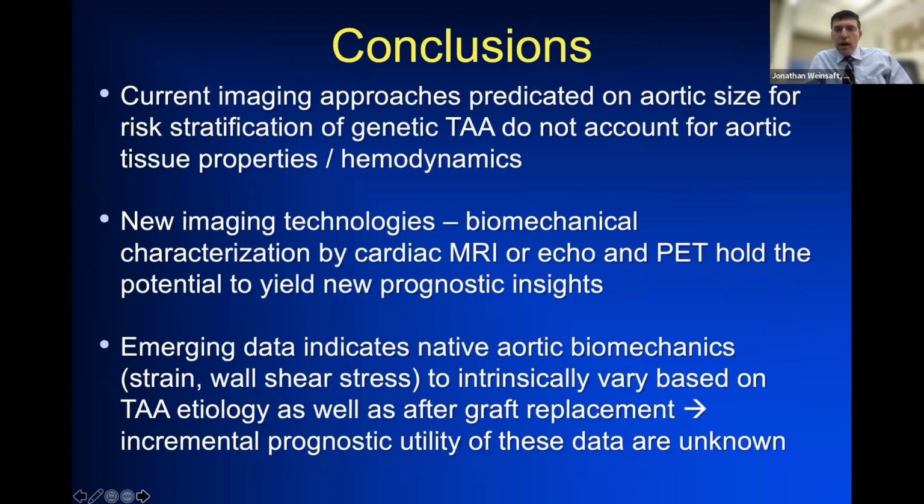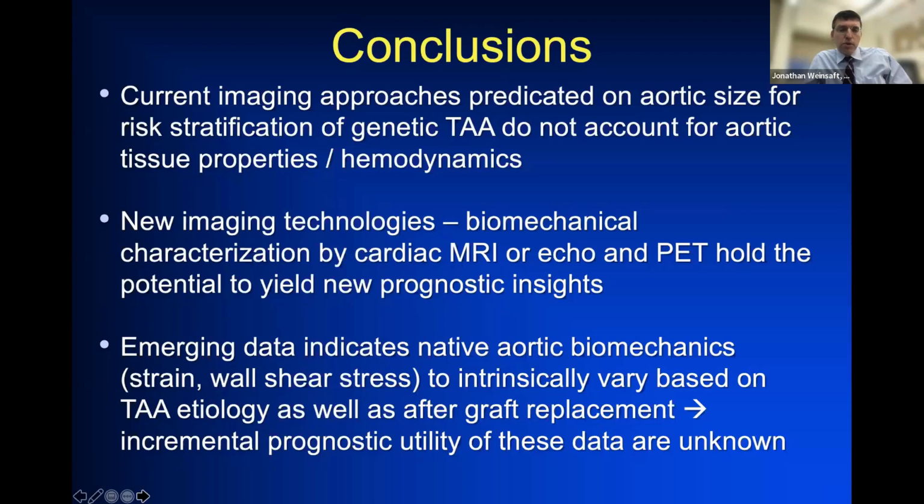So in conclusion, current imaging approaches predicated on aortic size for risk stratification in genetic aortopathies don't account for both aortic tissue properties as well as hemodynamics and resulting biomechanical alterations. New imaging technologies, including biomechanical characterization by cardiac MRI or echo, as well as tissue characterization by modalities such as PET, hold the potential to really improve mechanistic insights as well as prognostic insights.